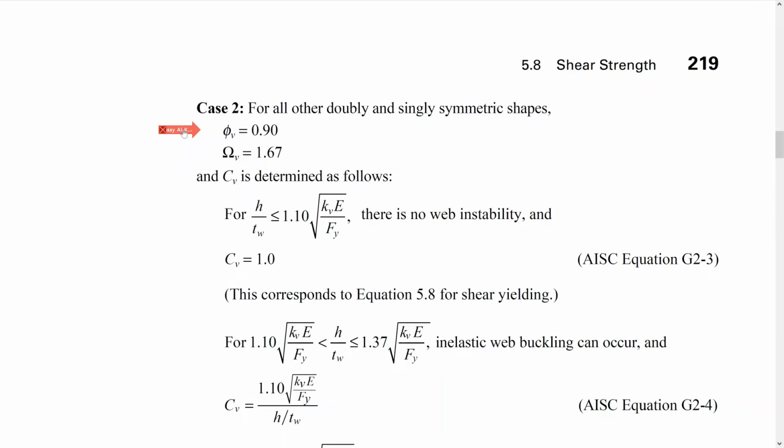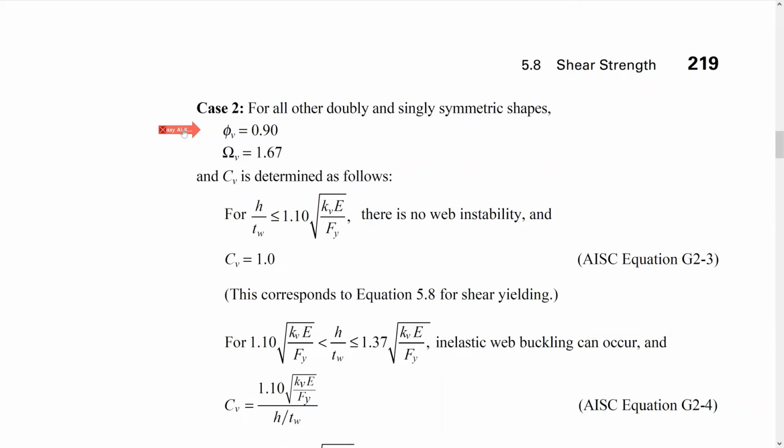If the width-thickness ratio of the web, which is h divided by the thickness of the web, is less than or equal to 1.10 times the square root of k sub v E divided by Fy, there is no web instability here. So C sub V is equal to 1.